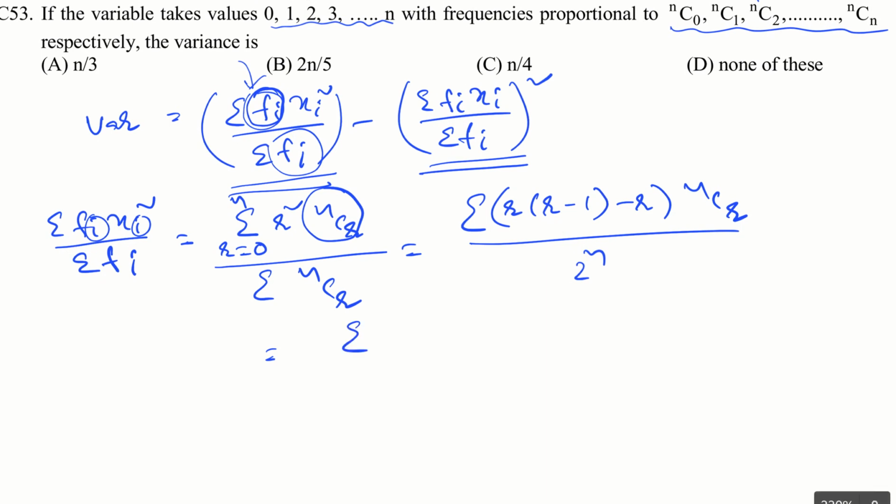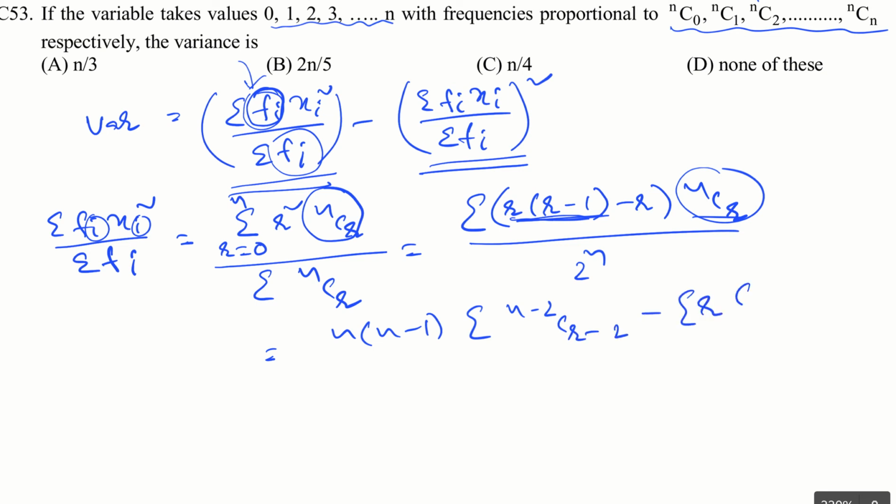sigma this into this. We can write this as n by r into n minus 1 by r minus 1, all that. So cancelling these things, I am writing separate sigmas, it is n into n minus 1 into sigma n minus 2 C r minus 2 minus sigma r into nCr.